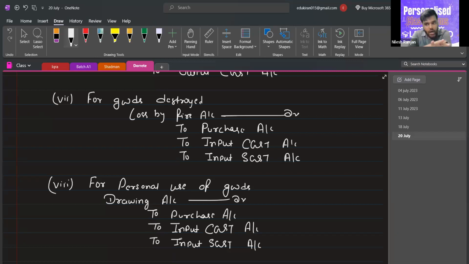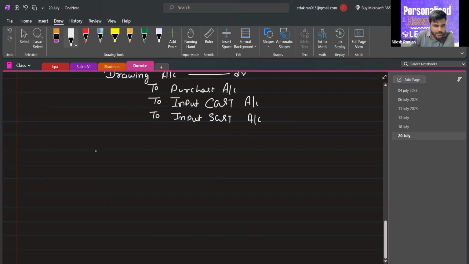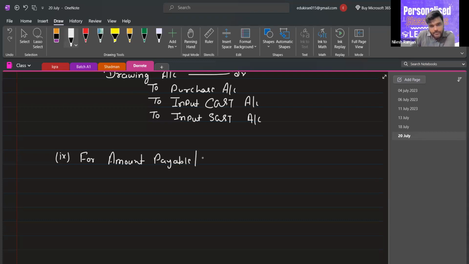Same with the output. When we sell goods, we have to pay tax to the government. It is called output GST. So we deduct our input from output, and the entry will be for amount payable or receivable for GST.